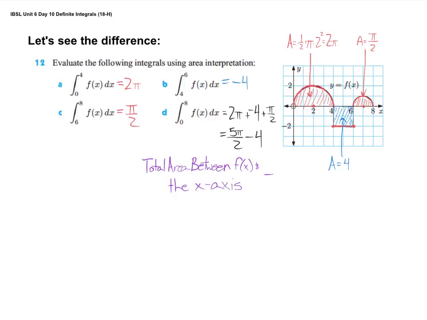In that case, we would need to take the absolute value. So it would be 2 pi plus the absolute value of -4 plus pi over 2. That's 5 pi over 2 plus 4.